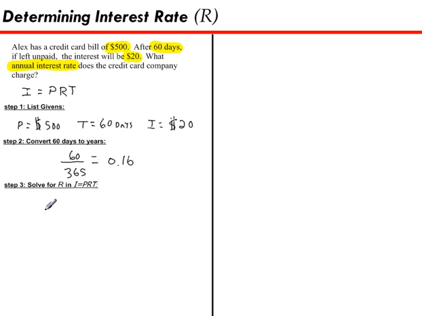Here I'll use the simple interest formula and plug in my values for I, P, and T. So my I was given in step 1 as 20. The principal was 500. R I don't know, that's what I'm solving for. And the T we converted right here to 0.16.